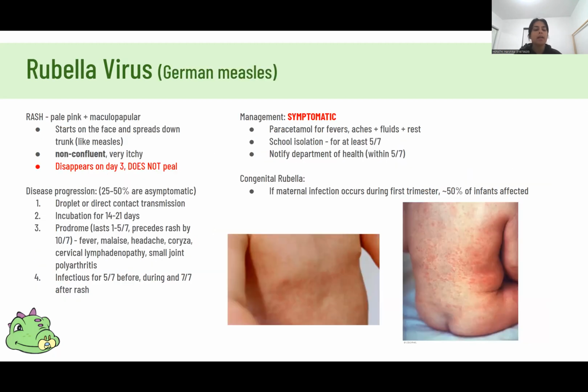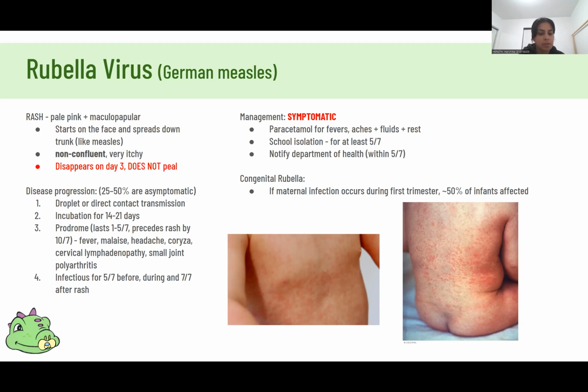So rubella is quite similar to measles in the sense that it's a rash that starts behind the ears and spreads downwards. However, it's not continuous and it does not desquamate or peel. It has a similar transmission in the sense that there's droplet transmission, incubation period's a bit longer, but there's still the prodrome, just no Koplik spots.